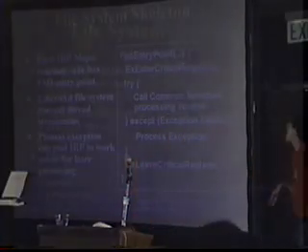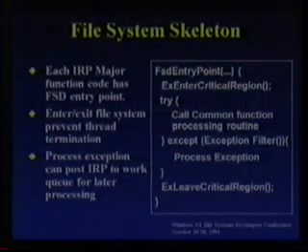The next two slides simply go over the file system skeleton. This is sort of the programming paradigm we use in NT. For every major IRP function code, we have an entry point that we have to put into the file system when we register ourselves. The way we label it is we call it an FSD entry point. For example, it would be FatFsdCreate, or FatFsdRead, or NtfsFsdCreate or Read.